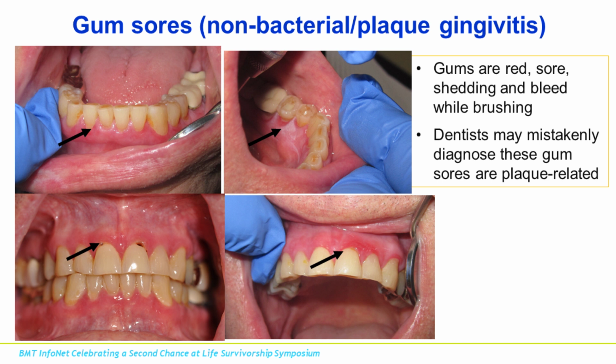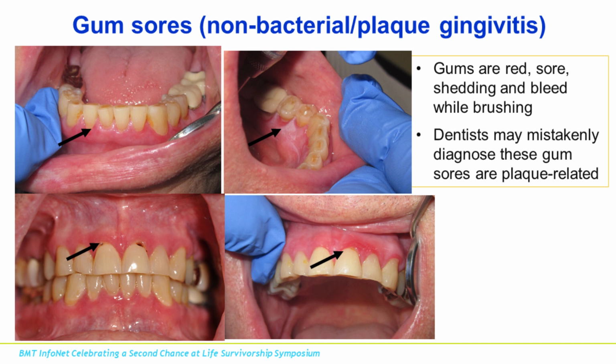This is the other problem that we see in patients with GVHD. So this is gingivitis caused by GVHD, and it's not due to bacteria, and it's something we also see in patients with lichen planus and other autoimmune disease. So we need to treat this inflammation so that you can brush your teeth and the dentist can clean them.